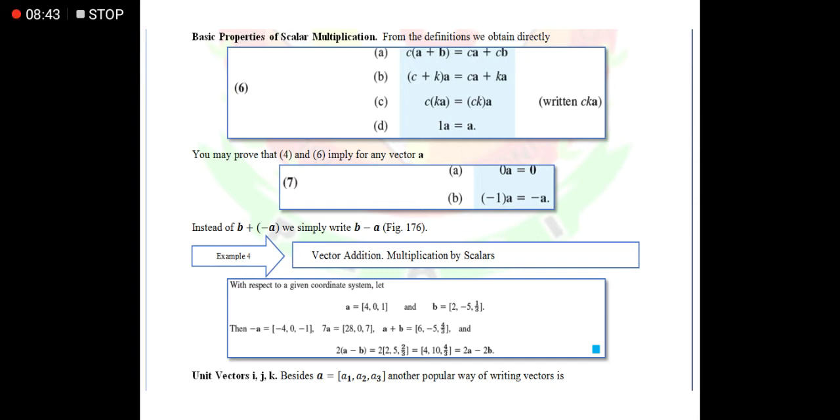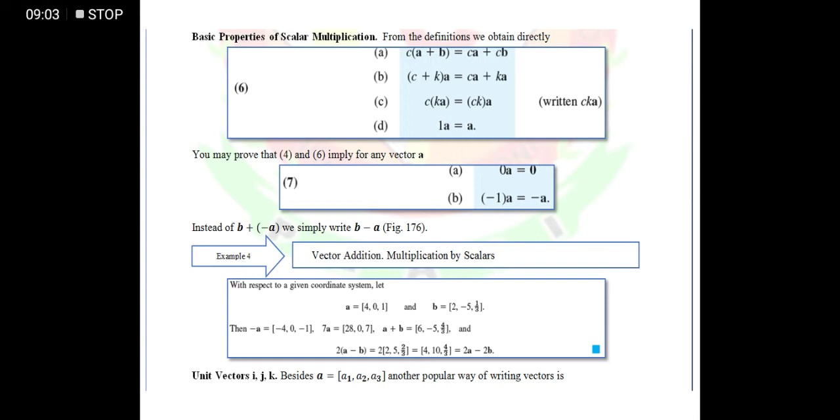We already know their x, y, z coordinates, the components of vectors A and B. So, therefore, we can directly add them using addition of their components. Take note of that.